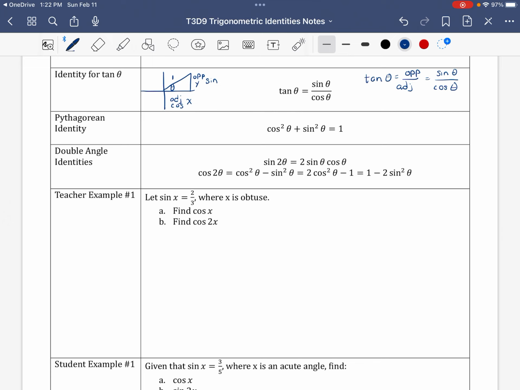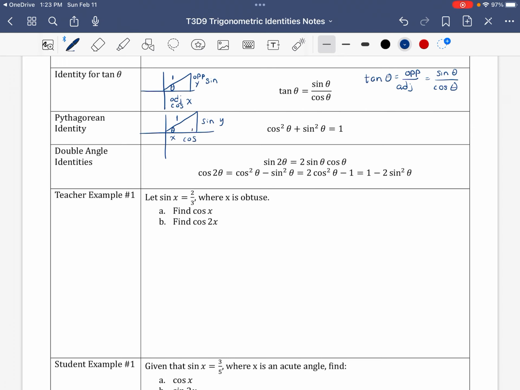Our Pythagorean theorem identity similarly is derived from our unit circle and uses the Pythagorean theorem. If we imagine our triangle like this, our hypotenuse is 1, and this side represents our sine because it is our y value, and our x value is represented by cosine.